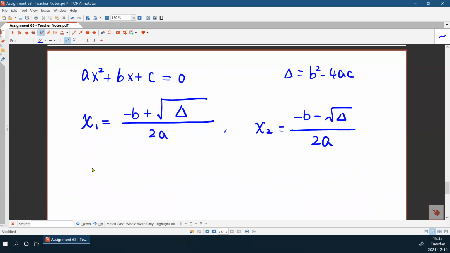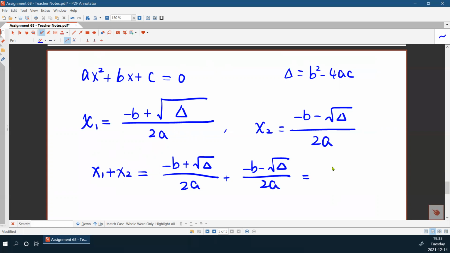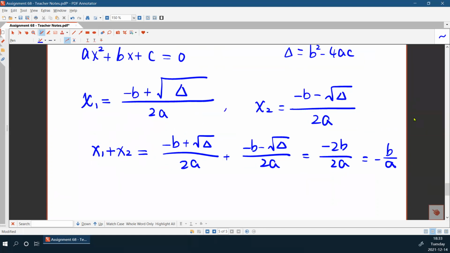And you can see that the sum of the two solutions is minus b plus square root of delta over 2a plus minus b minus square root of delta over 2a, which is minus 2b over 2a, which is minus b over a, right? You understand? The sum of the two roots always equals minus b over a. You understand?